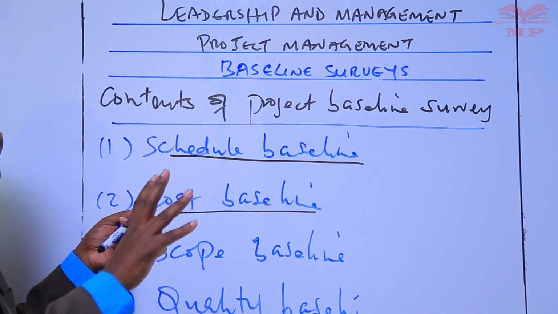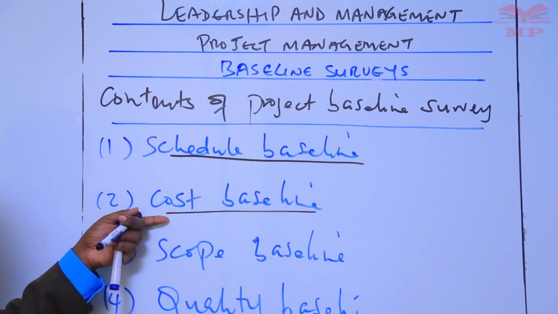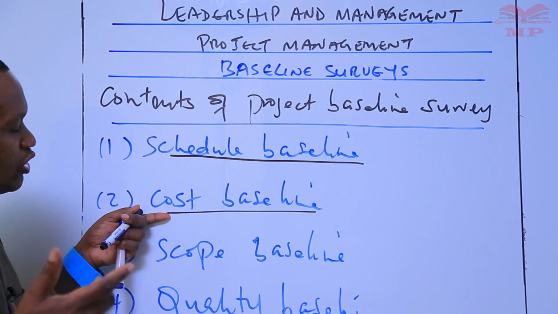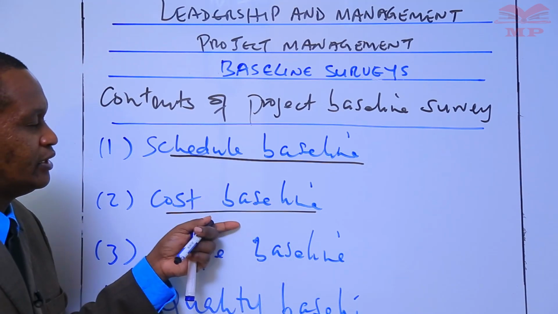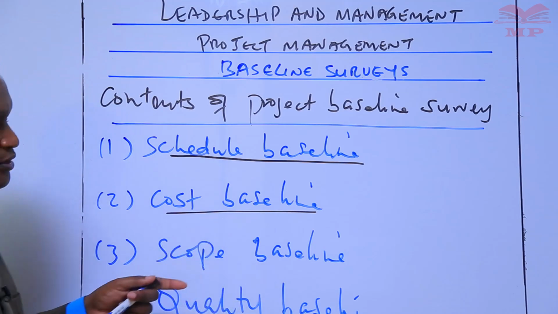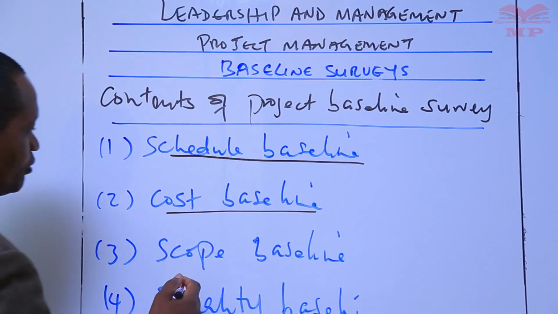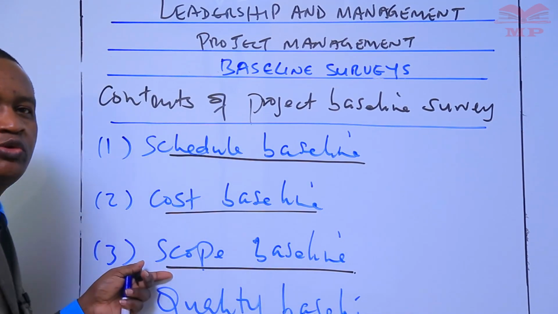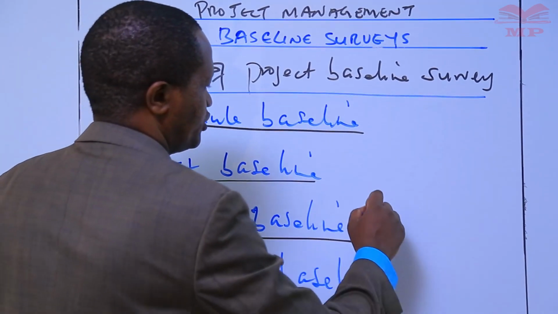So it's a budget for the estimated cost of the project and is used to ensure that the expenditure is in conformity to the cost baseline or the project budget. That's the cost baseline. Then we have the scope baseline. The scope baseline includes the project scope statement.